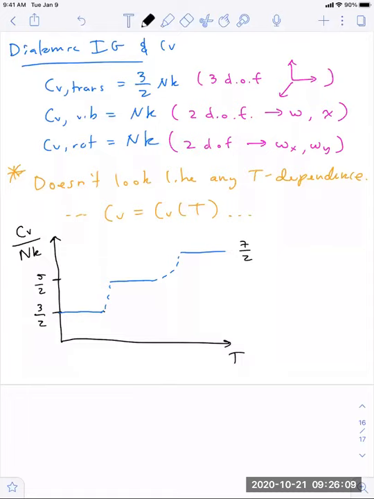These are not exactly the rotational and vibrational temperatures, but this first one is proportional to the rotational temperature, and this one would be proportional to the vibrational temperature.